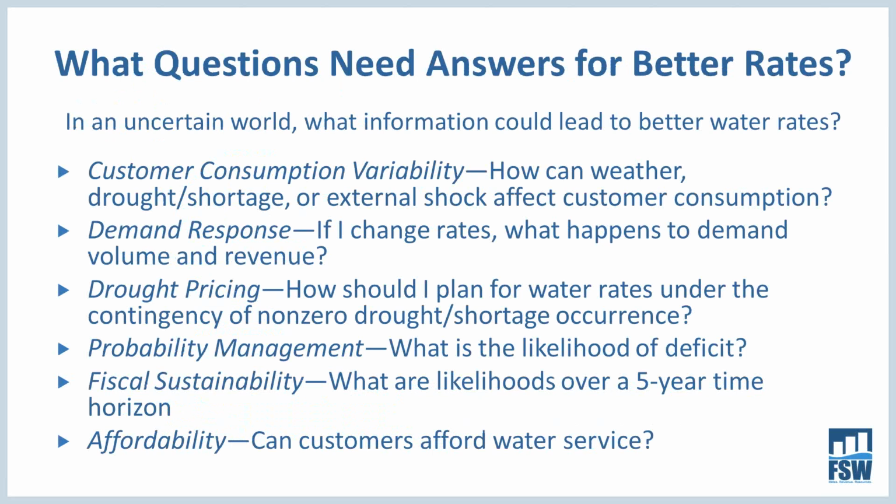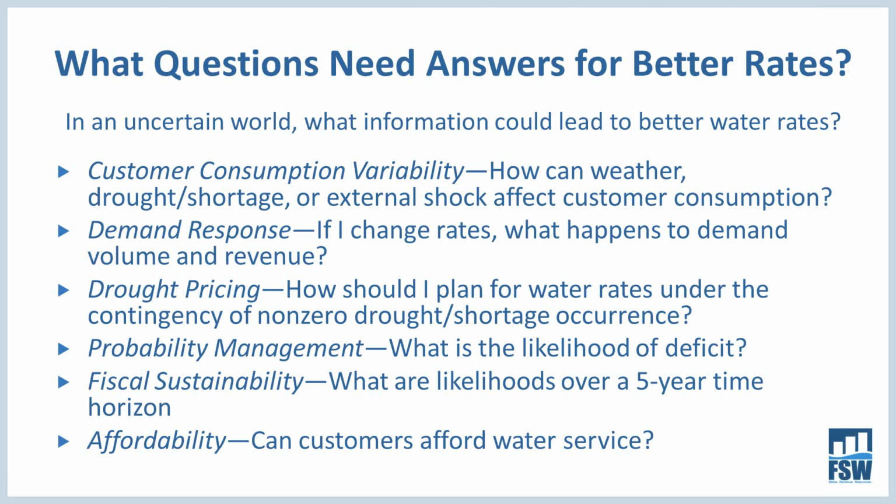So the questions that need better answers: in an uncertain world, what information would lead to better water rates? How can weather, including drought or shortages, or even external shocks, affect customer consumption? There are a lot of water utilities that were surprised and have been surprised in the past.